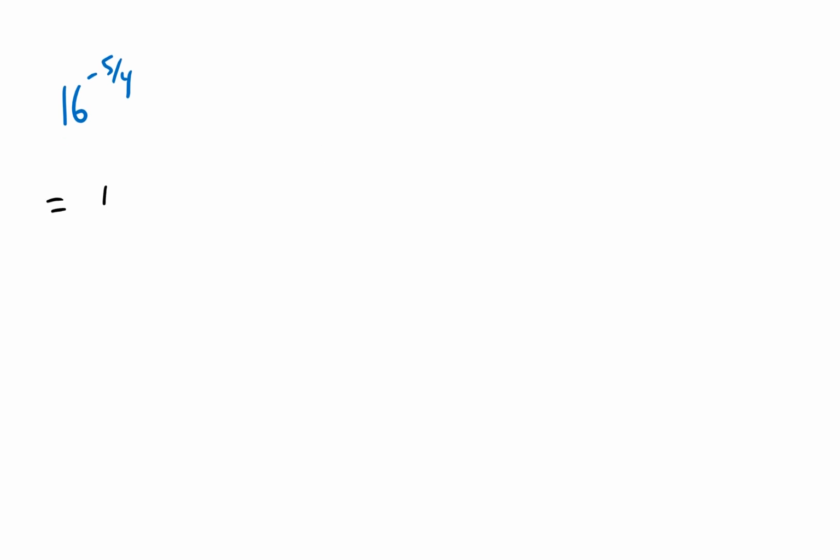Then here we can first get rid of the negative exponent. You do 1 over that. Then you can write this as 16 to the 1/4, all to the 5th power.